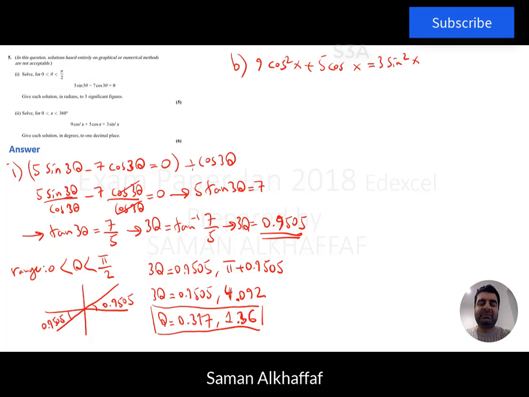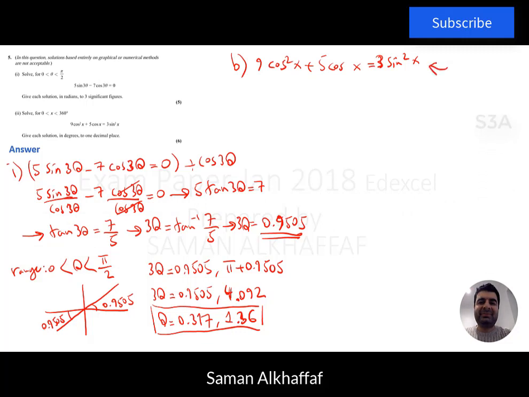We can sub in for the 3 sine squared x using the trigonometric rule.